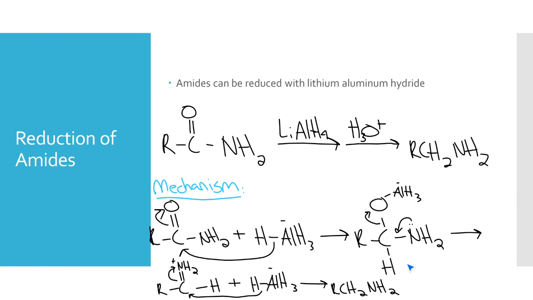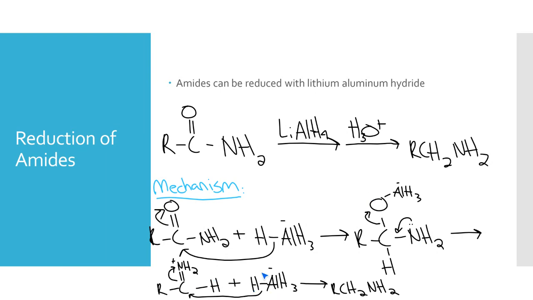So this whole thing is a good leaving group. These lone pairs of electrons on nitrogen will go to form a double bond here and push off this whole group, which will give us this.